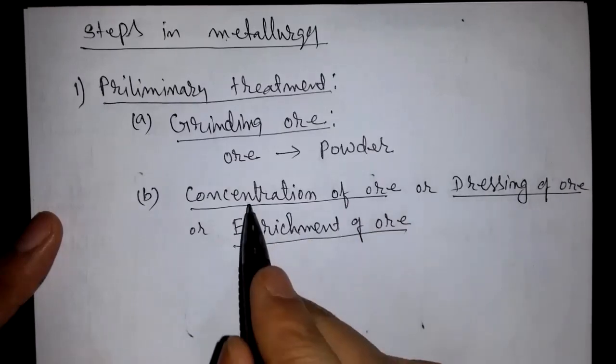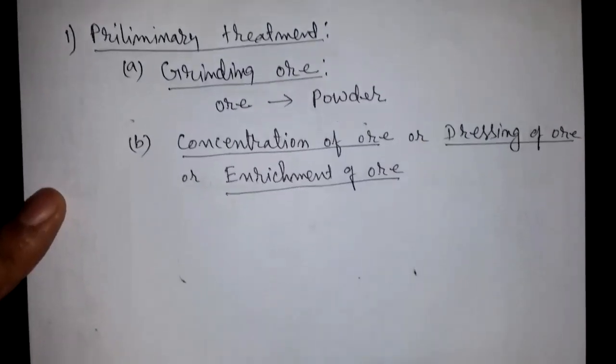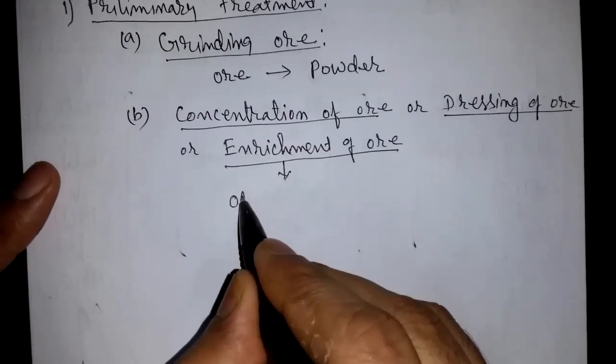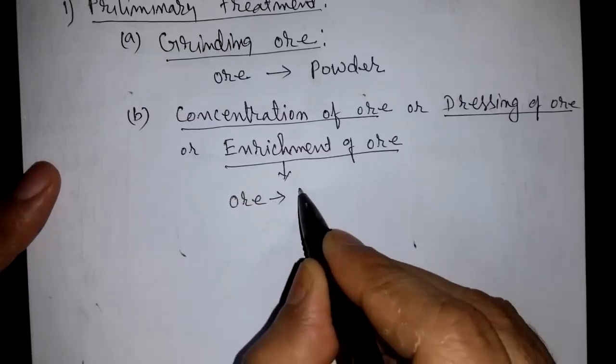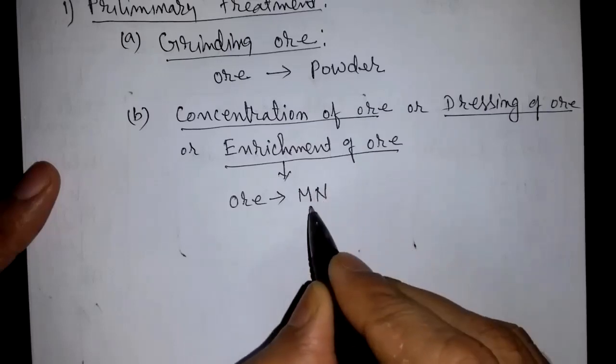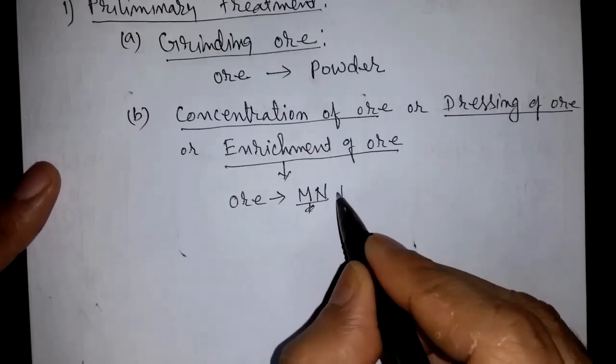All these three, concentration, dressing, enrichment, mean the same. In the ore there is metal and non-metal, that means we have a metal compound, and there will be a lot of impurities.